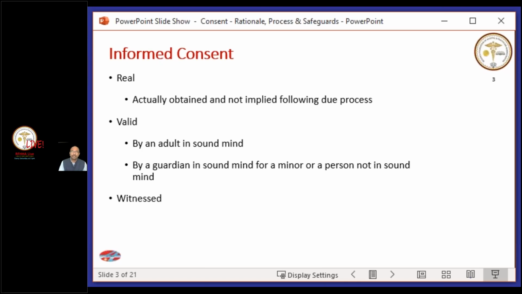And that is why in most consent forms you will see that there is a place for the signature of the witness. Primarily because a witness eliminates the possibility of consent being obtained by means which are not bona fide or which somebody can contest subsequently. So the witness is an important element of the consent.